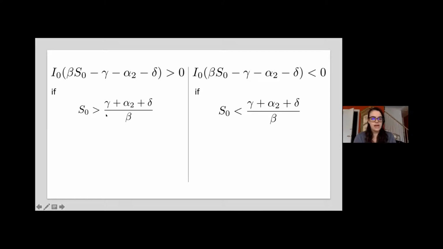Whereas on this side, this will cause the rate of change of the infected population to be greater than 0, and so the infection will spread. So it's really dependent on what this value is, whether it's greater than or less than our initial population.